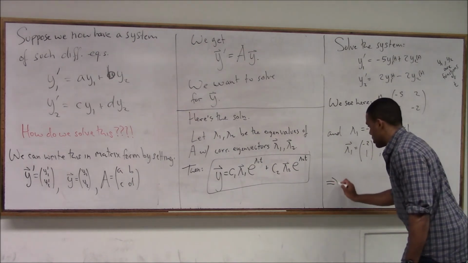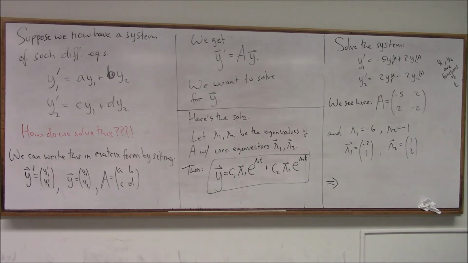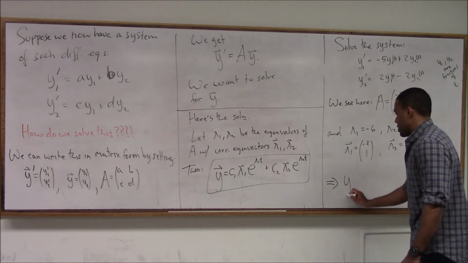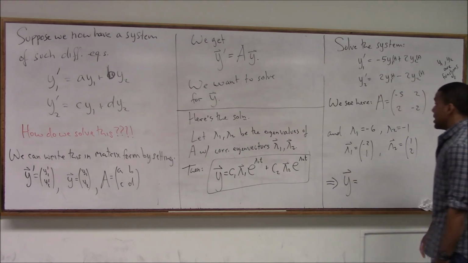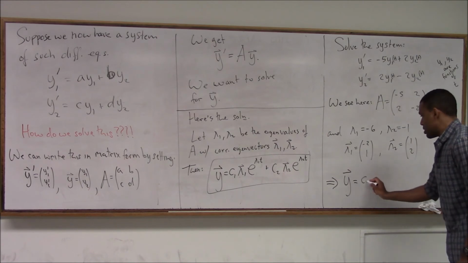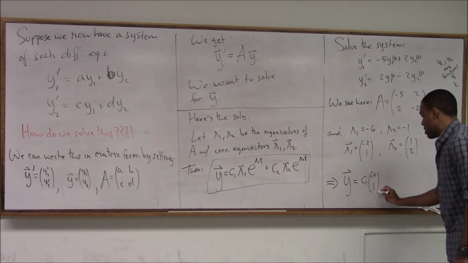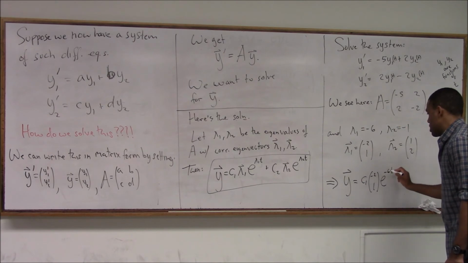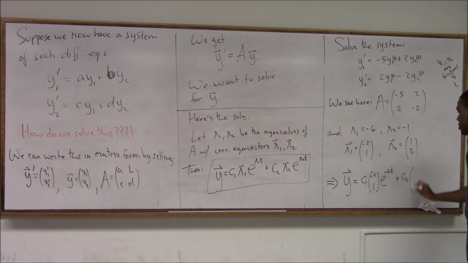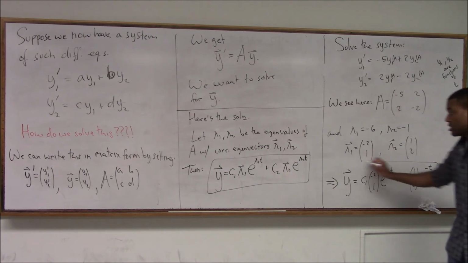This means that to solve for y, the answer is going to be C1 times minus 2, 1, e to the minus 6t plus C2 times 1, 2, e to the minus t. That's actually the answer.